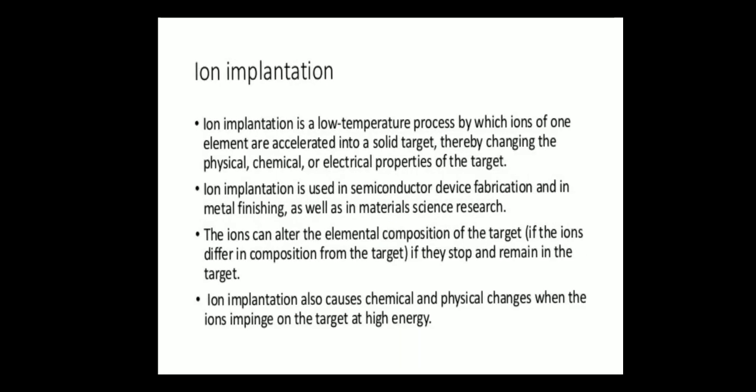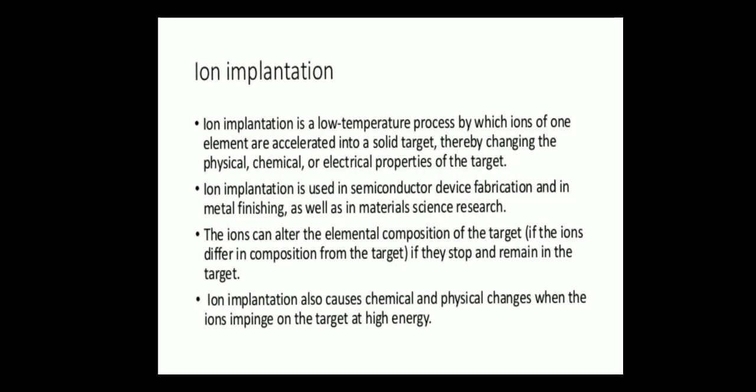Next one is the ion implantation. It is another technique to introduce impurities into the silicon wafer. In this process, silicon wafers are placed in a vacuum chamber and are scanned by a high energy beam of ions, typically boron for p-type material and phosphorus for n-type material.